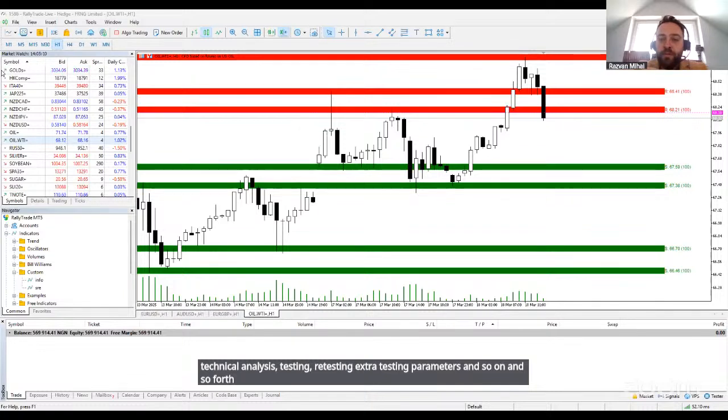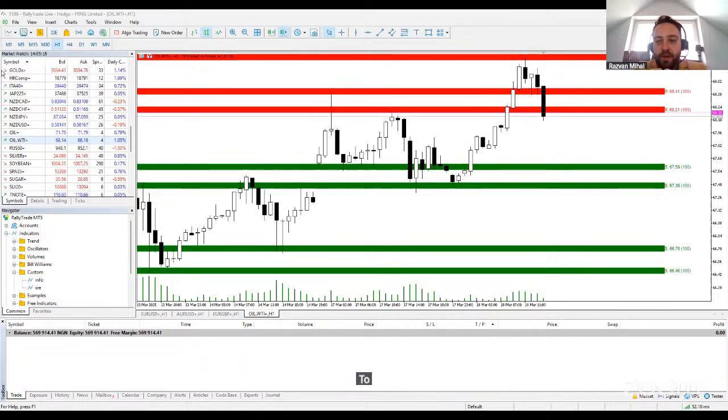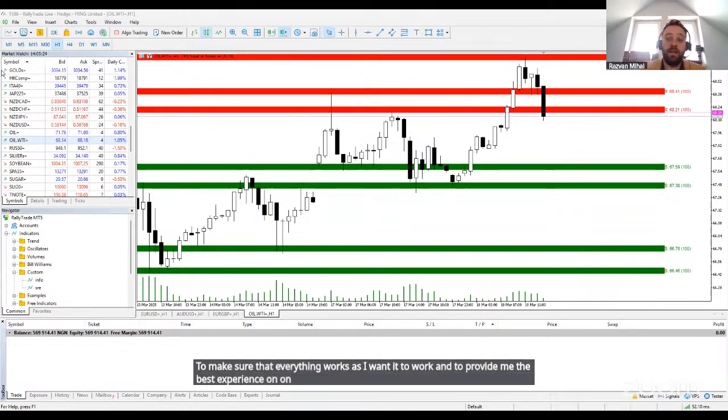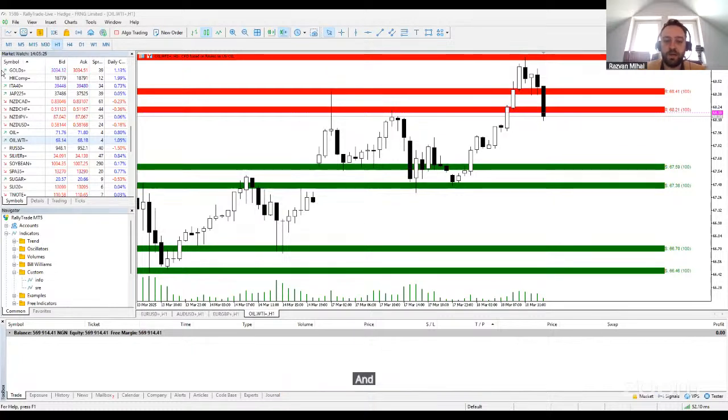And on top of this, I also did the coding in order to make sure that everything works as I want it to work and to provide me the best experience on the chart, and draw the lines exactly where I would actually draw those lines.